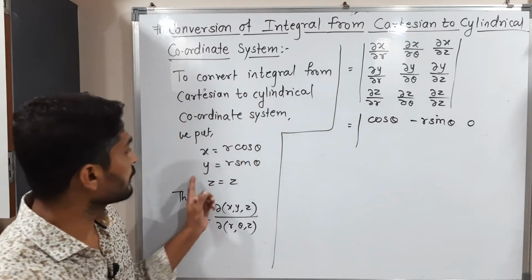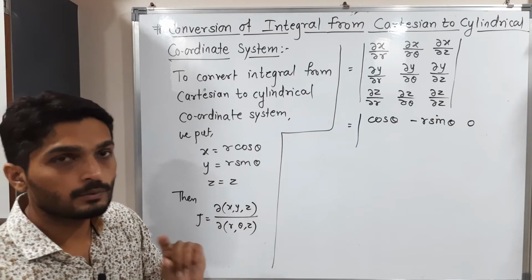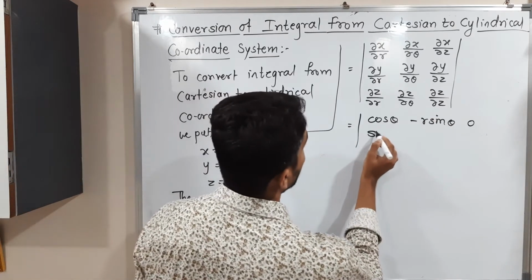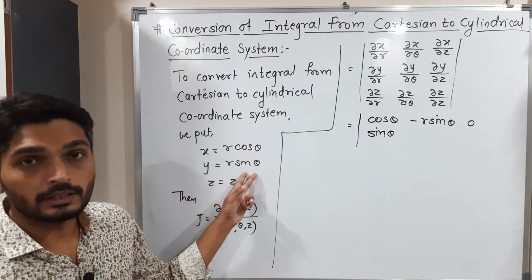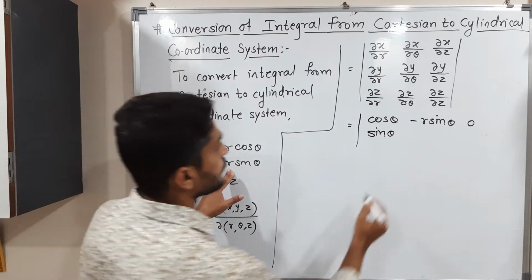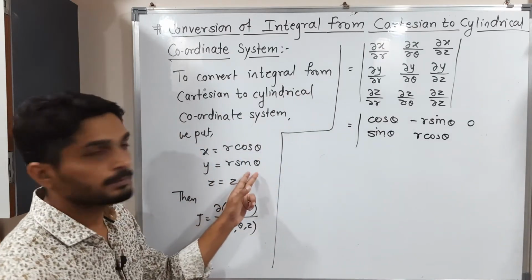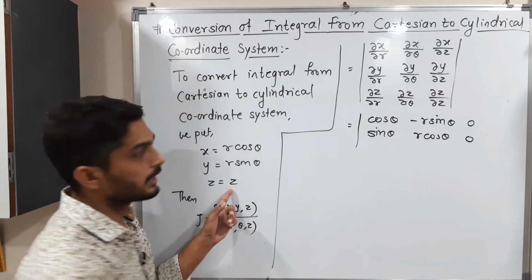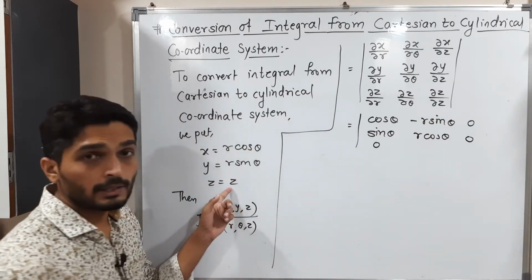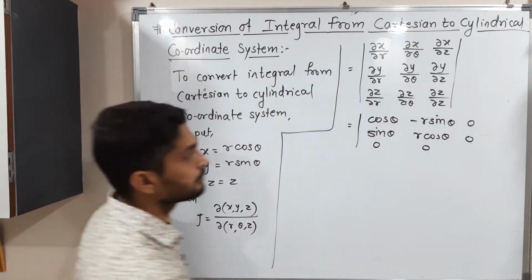Derivative of y with respect to r, sin theta is constant, derivative of r is 1, so here we will have simply sin theta. Derivative of y with respect to theta, r is constant, derivative of sin theta is cos theta. Derivative of y with respect to z, z is not there. Derivative of z with respect to r, r is not there. With respect to theta, theta is not there. Derivative of z with respect to z, 1.